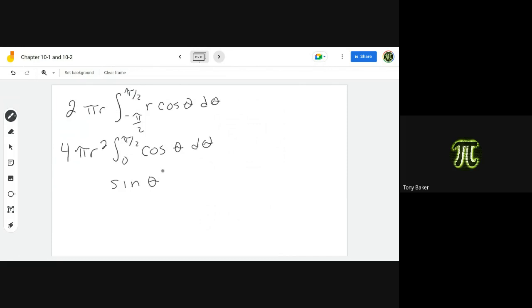Sine theta. You're ahead of the game. And we're evaluating this from 0 to pi over 2. So I have 4 pi r squared. Sine of pi over 2 is 1. Sine of 0 is 0. So the answer is 4 pi r squared.